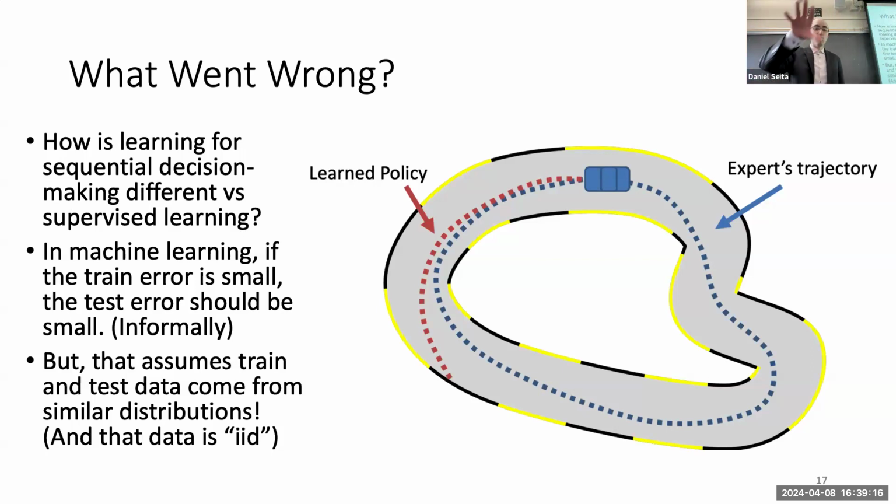So again, you might still have one image input, but that image is going to be correlated with the prior image, and then the one before that, and the next image will be very correlated with the current image.